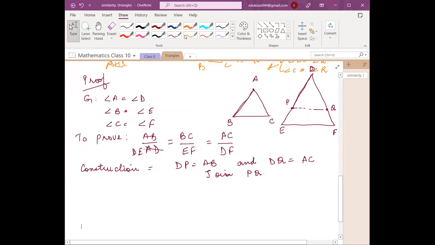Okay, let's do the proof now. If we take these two triangles, triangle ABC and triangle DPQ, the small triangle, can we show they are congruent?